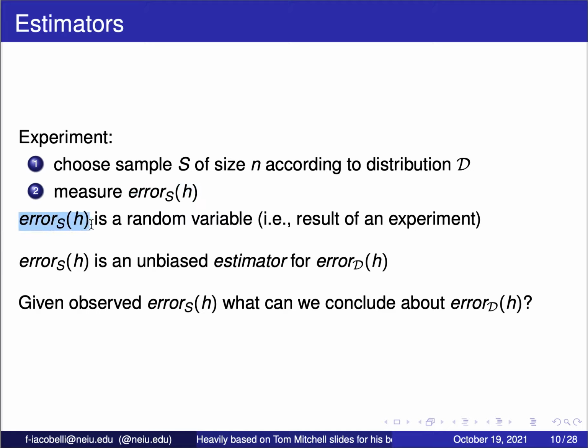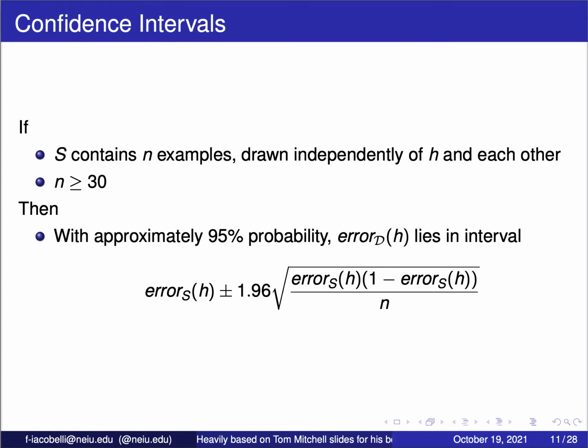So we're going to say that this is the result of my experiment, this error, and we assume it's an unbiased estimator for the error in the world, right? So again, I formalize the question a little bit more. What can we conclude about the error in the world?